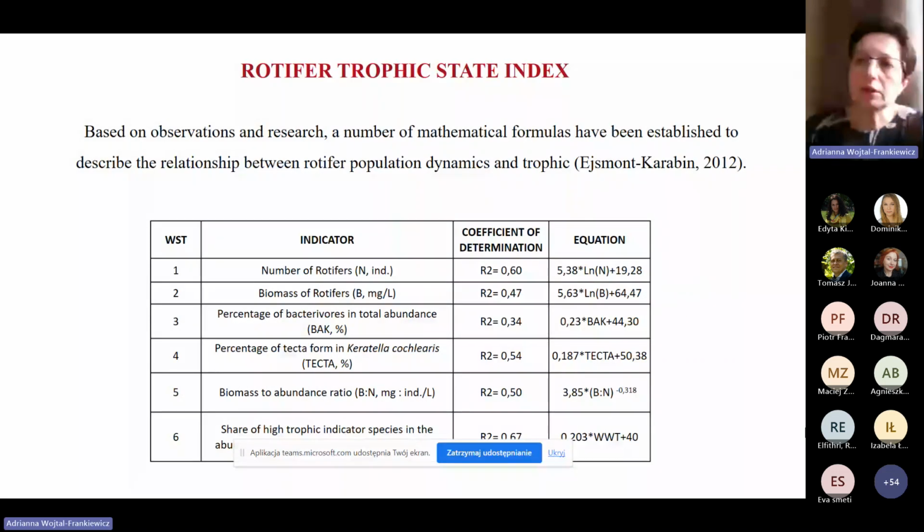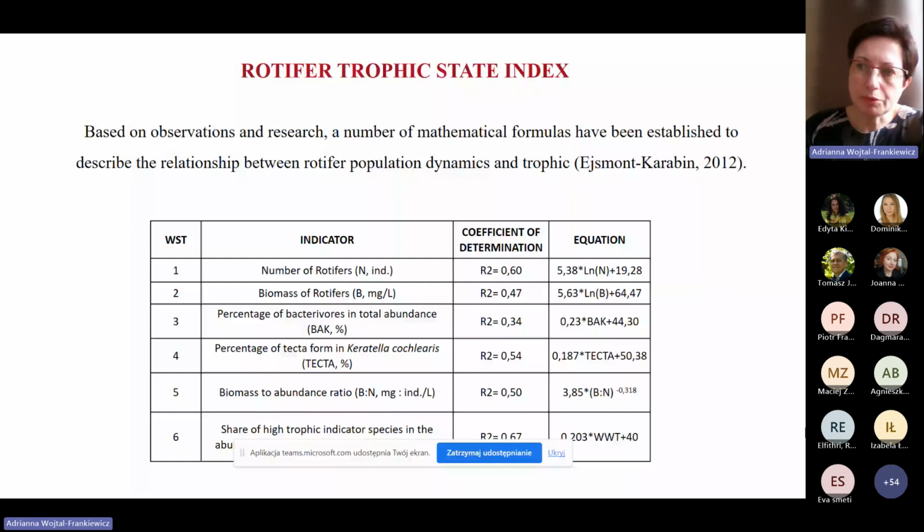The long-term studies confirmed that the formulas can be used to help researchers assess the trophic status of any lakes, both deep stratified lakes and shallow polymictic lakes, in Central and Northern Europe using the rotifer data.